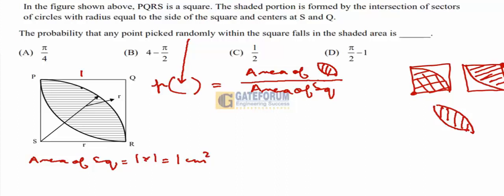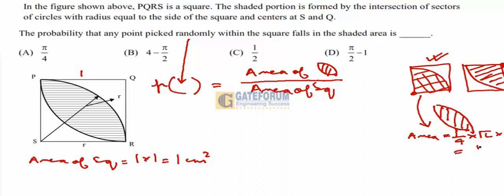But if this side is 1, then this sector is nothing but a quarter circle of radius 1. So what is the area? The area would be equal to pi r square, but a 1/4 before it because this is a quarter of that. So 1/4 into pi into 1 square.